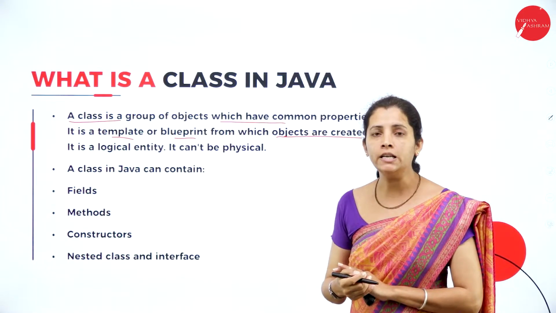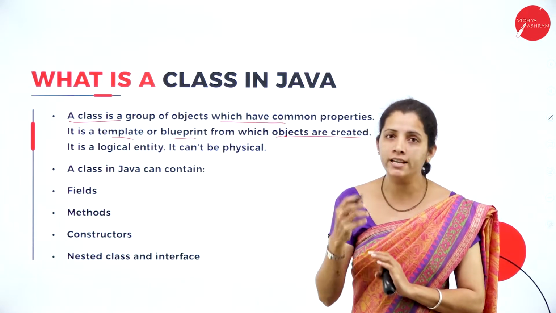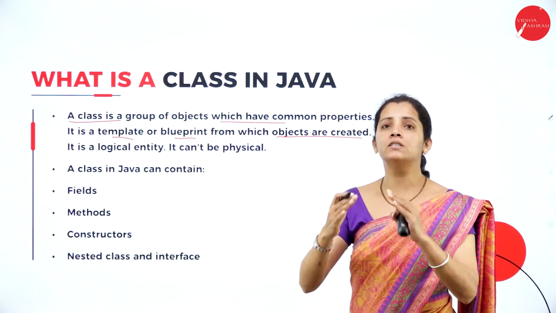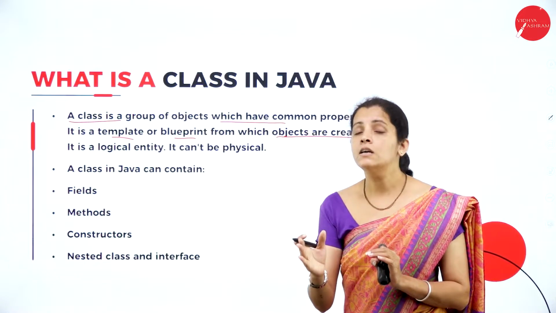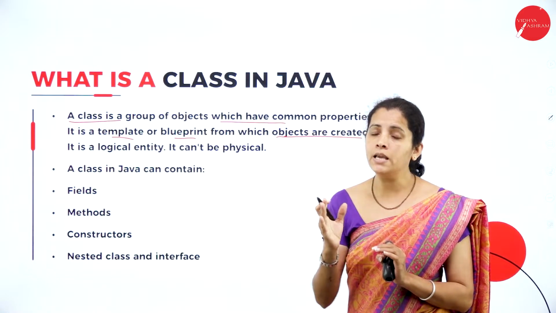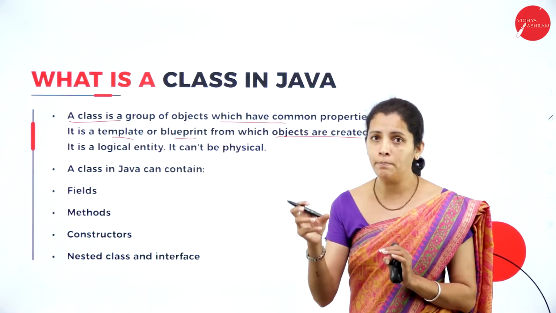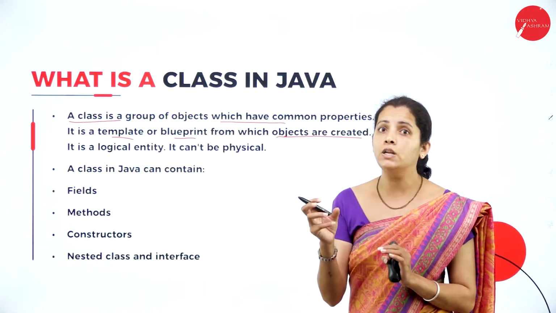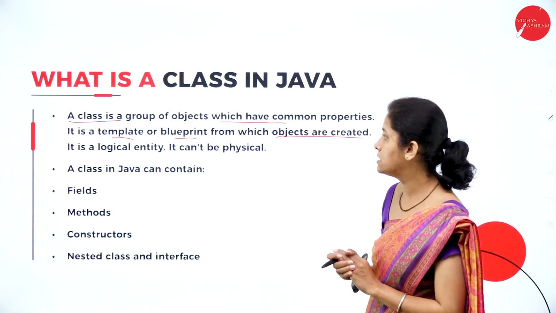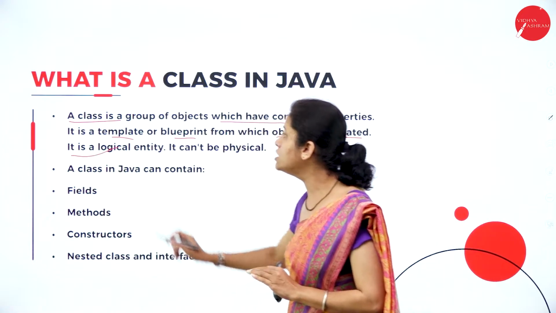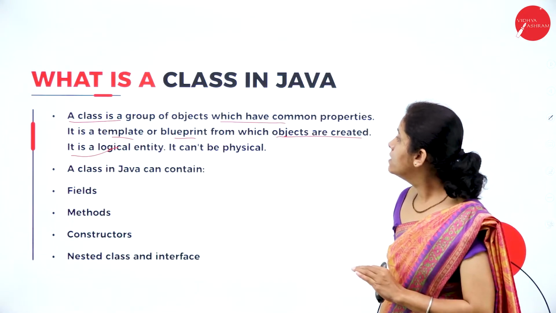So dear student, if I want to create an object, what do I require? First I want to create the class. Then what is a class here? A class is nothing but a blueprint or template, and a class includes data members as well as methods. It is a logical entity.